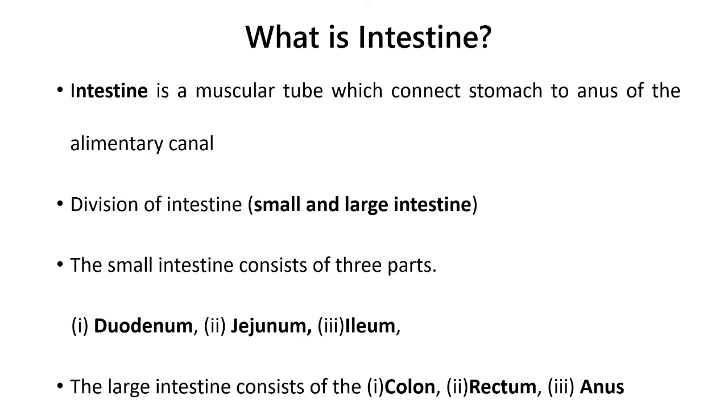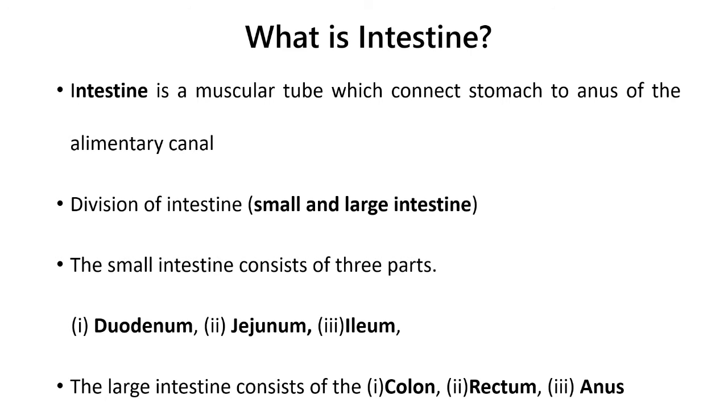As we know, intestine is a major part of alimentary canal. It connects stomach with large intestine. Broadly, intestine is divided into two parts, that is small intestine and large intestine.